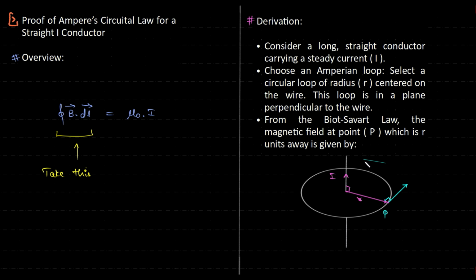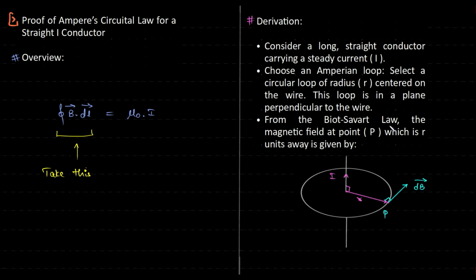Say this will be the plane, an imaginary plane. The perpendicular line will be in that direction, or if not, this direction. We are going with the right because of the current direction and the right hand rule. So we have it to be outward. That's dB.